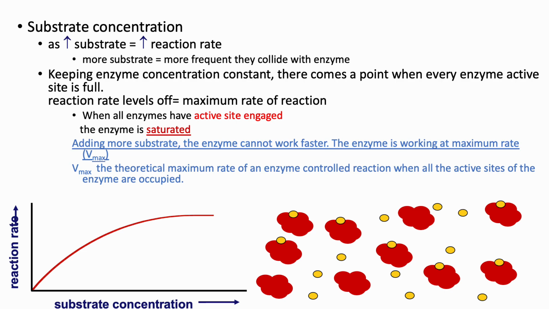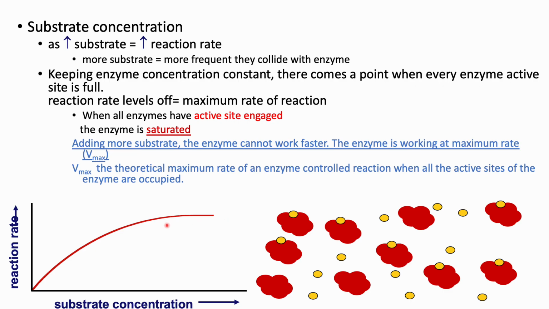More substrates mean more frequent collisions with the enzyme. Keeping the enzyme concentration constant, there's going to come a point where every enzyme active site is full. When this occurs, the rate of the reaction will actually level off. This will be the maximum rate of reaction.